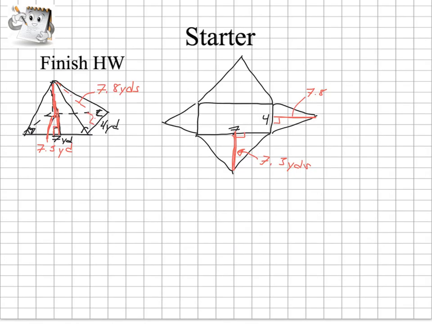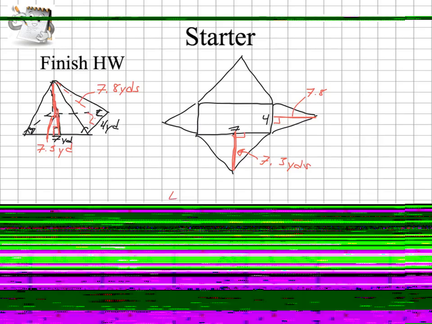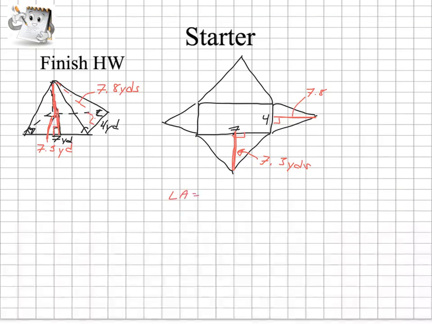So if I break it down like this, I have two triangles that have a base of 7 and a height of 7.3. I also have two triangles that have a base of 4 and a height of 7.8. And then I have a rectangle with dimensions 7 by 4. So my lateral area is equal to each of these.